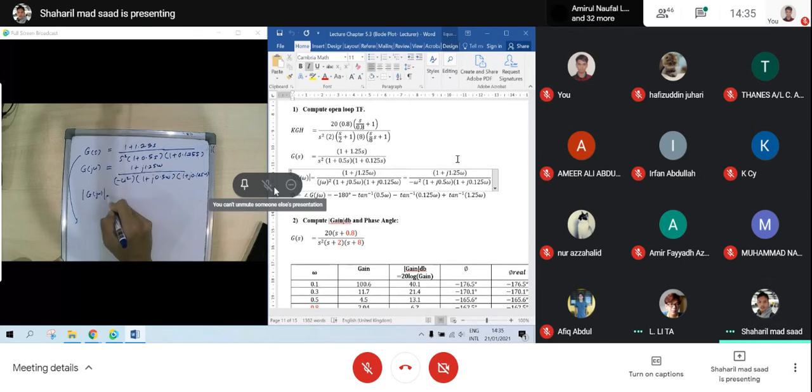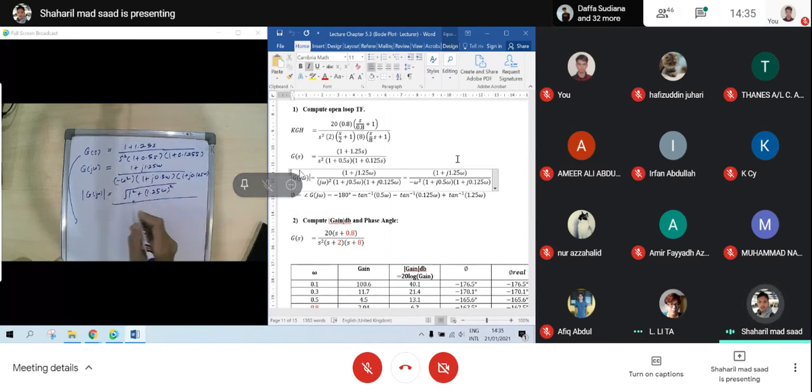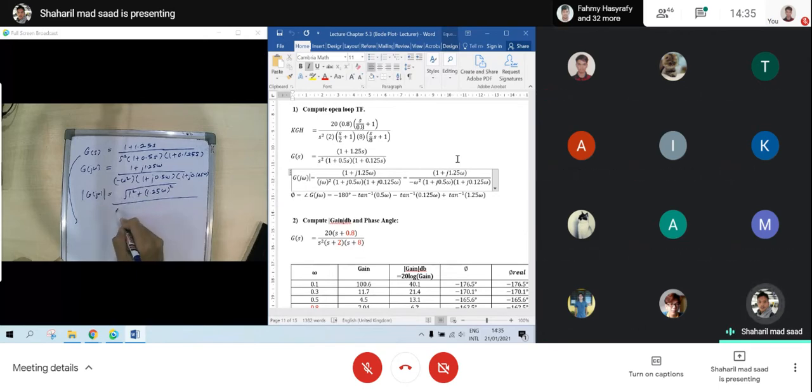In this case the magnitude will be the square root of 1 squared plus (1.25w) squared, divided by minus w squared, then the square root of 1 squared plus 0.5 squared, and then the square root of 1 squared plus (0.125w) squared.